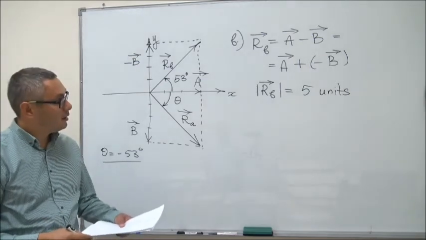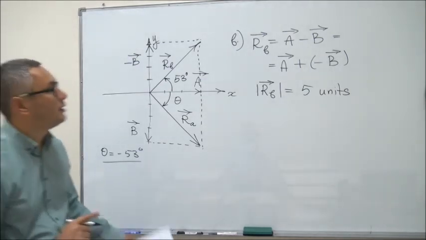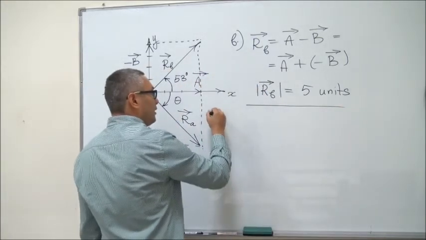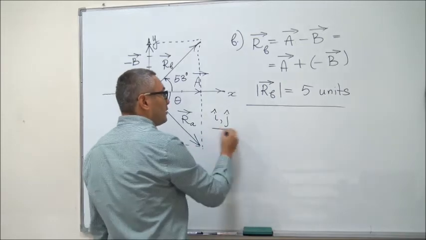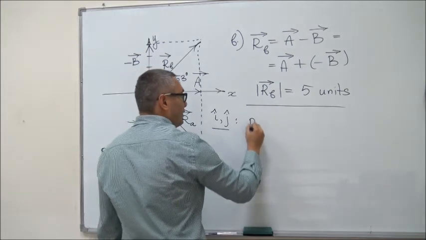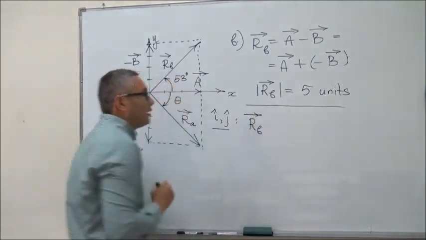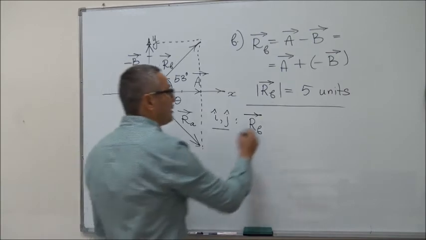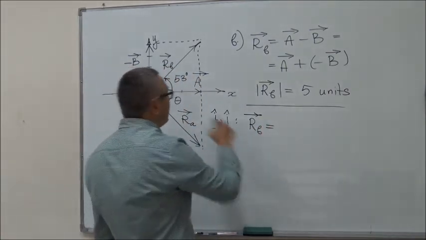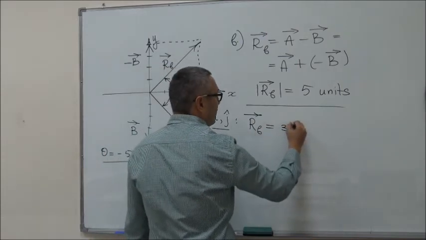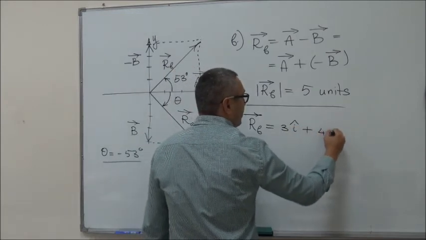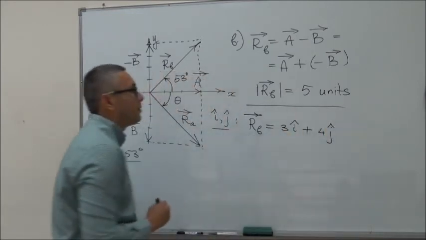Now, let's also write one more thing here. Let's use i and j notation to represent this R_b vector. In i j notation, you can say that R_b vector is equal to 3i plus 4j.